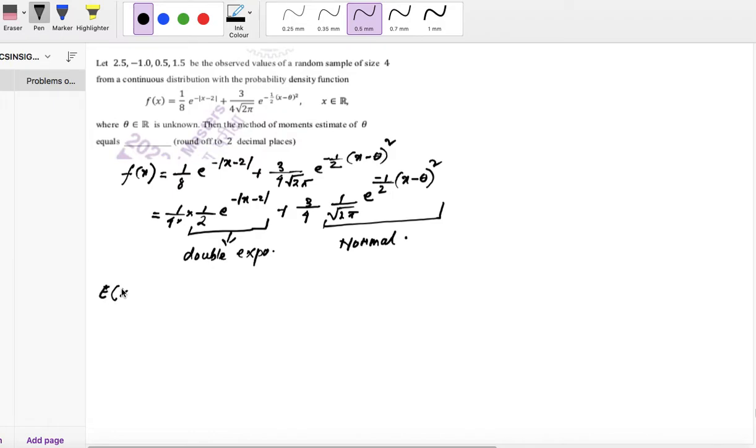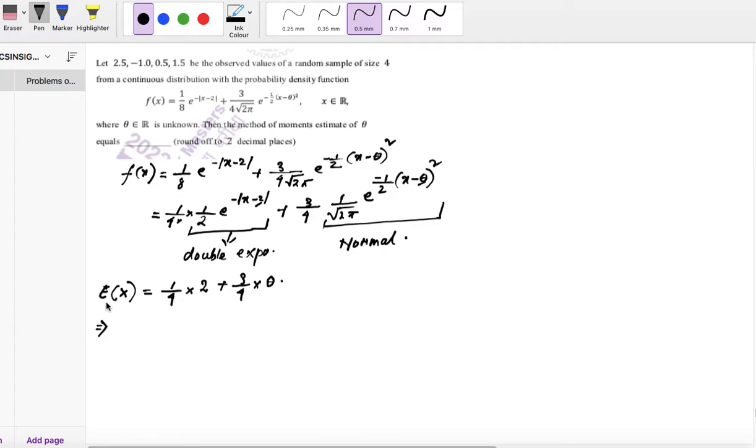So let's do it. What would be the expectation of x? It will be 1 by 4 into its mean, which is 2, plus 3 by 4 into the mean of the normal, which is theta.